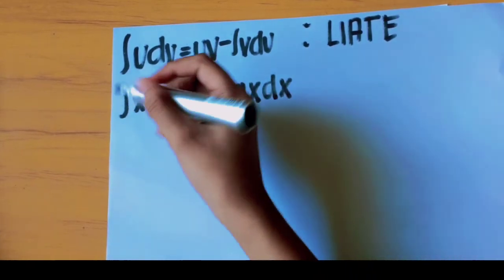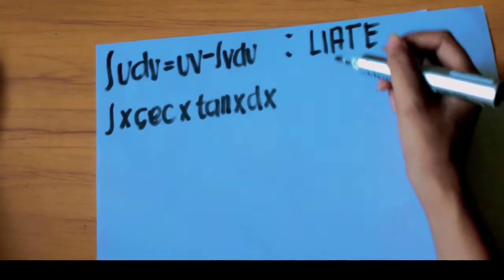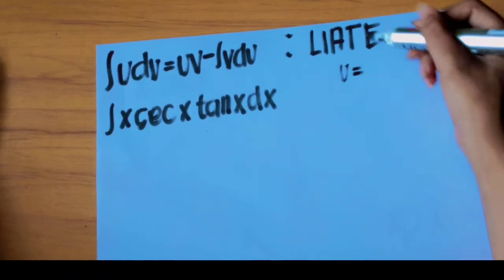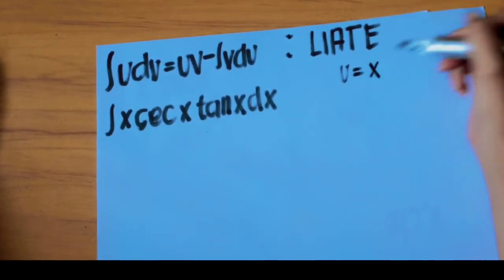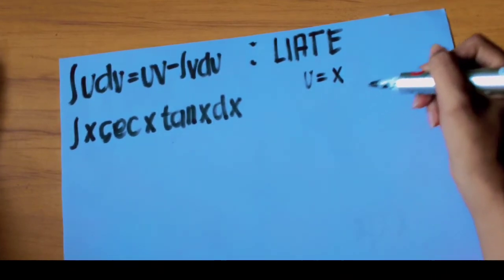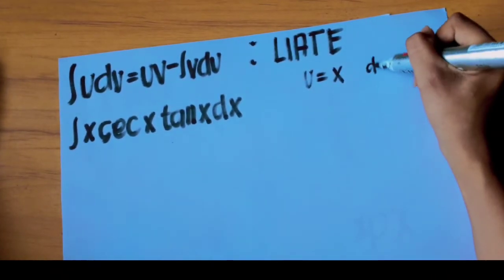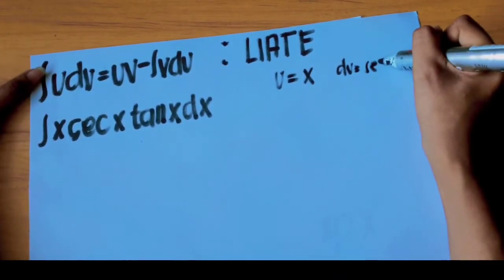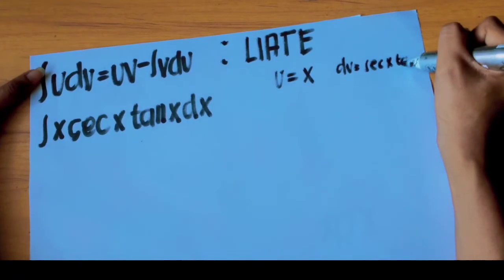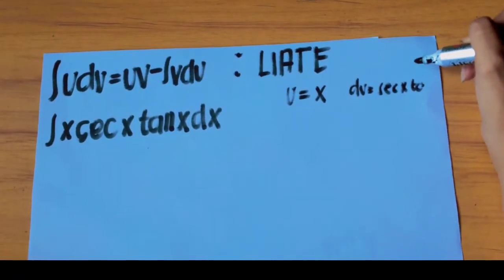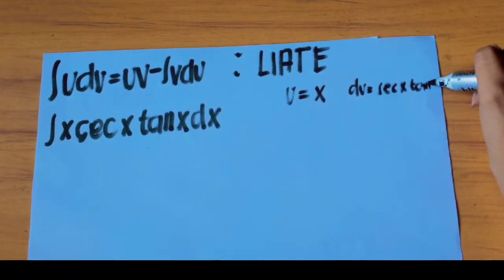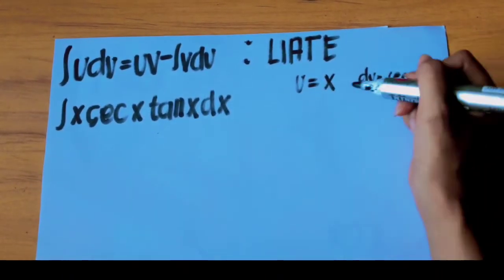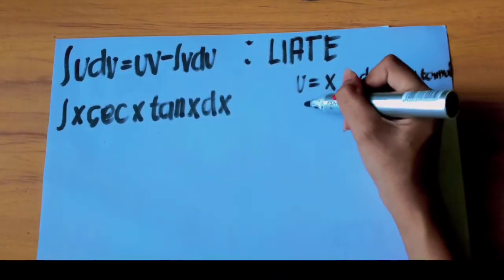Sulat na natin. U is the x, while the dv is secant x tangent x dx.